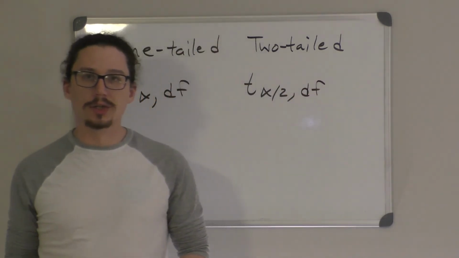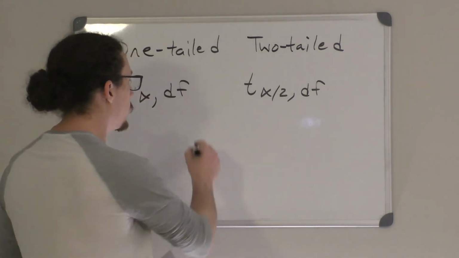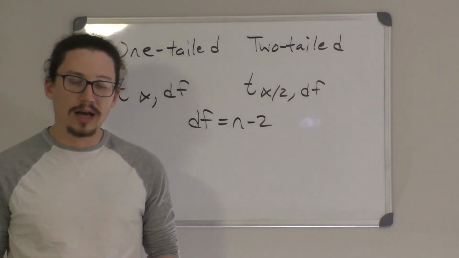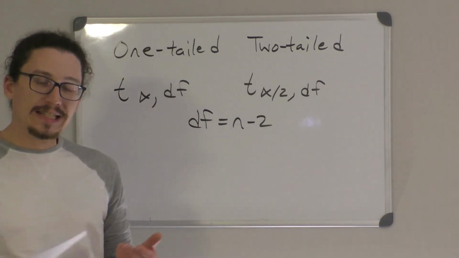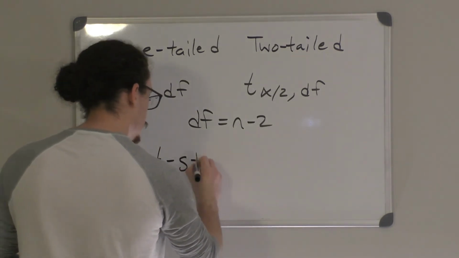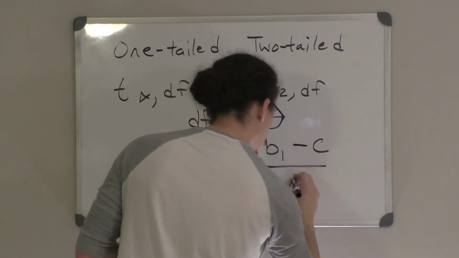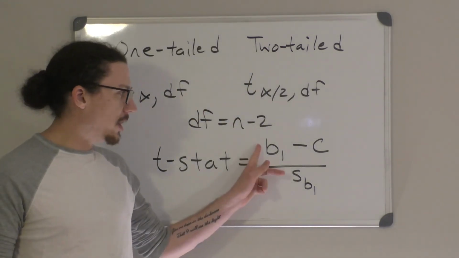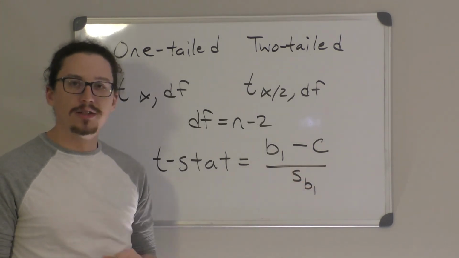And of course, when we're doing a two-tailed test, we will be dividing alpha by 2. The degrees of freedom for both of these is the same as it was for our confidence intervals. It is n-2. And we will have the same test statistic for both cases. Again, this is a pretty standard format: our estimate, subtract our critical value, and then divide by the standard error.